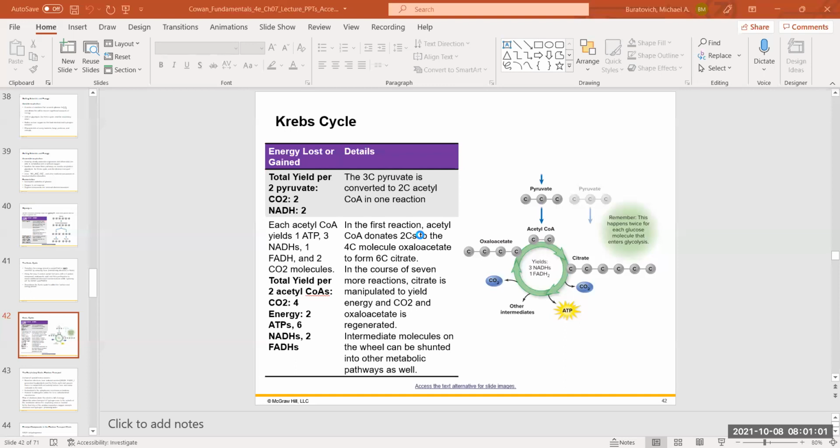So that would be the screwdriver, that would be the screw. This is just a carrier, because when you hand this off to citric acid, the coenzyme A gets released and gets recycled. So it's a carrier, that's all it is.